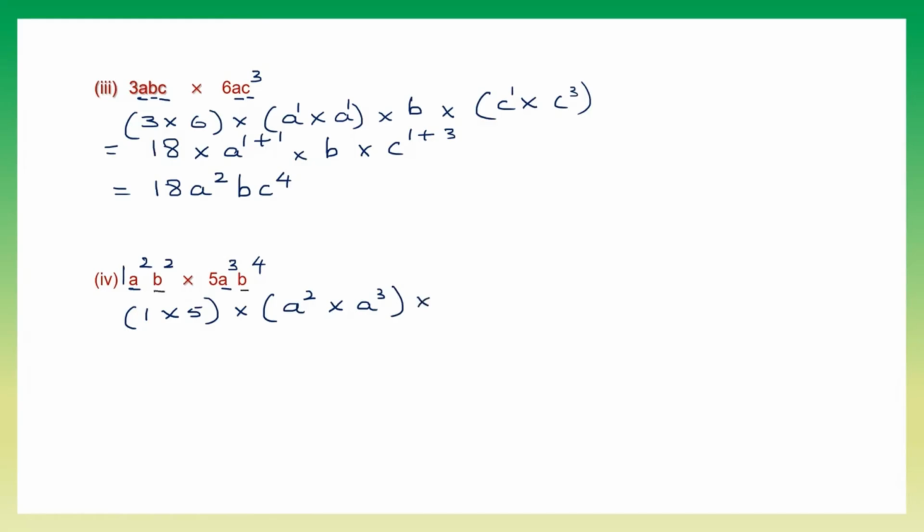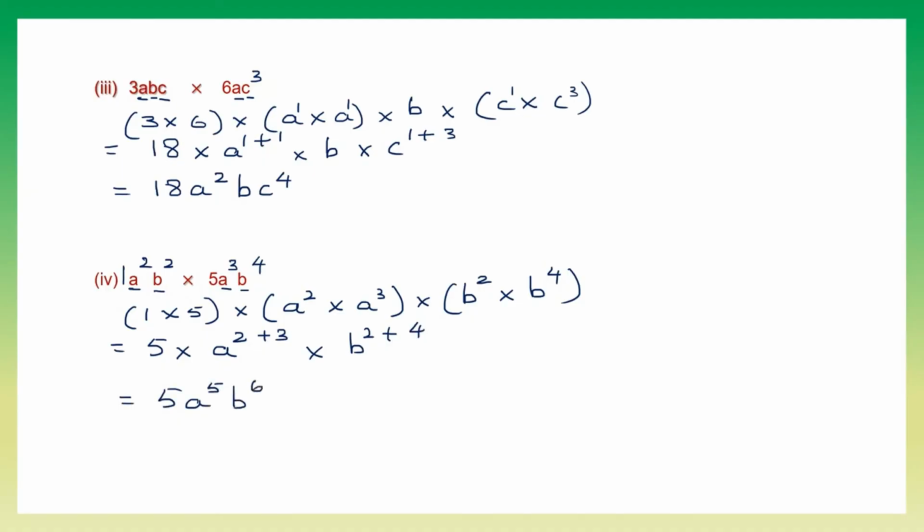B squared and b to the power of 4. B squared into b to the power of 4. So let's multiply. 1 5s are 5 into a to the power of 2 plus 3 into b to the power of 2 plus 4. That will be 5a to the power of 5 and b to the power of 6.